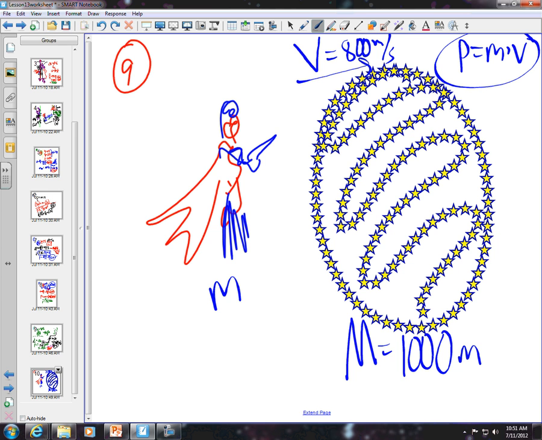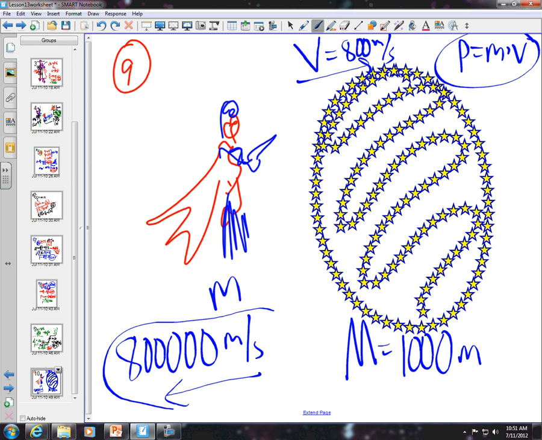Then the momentum has to be balanced in the other direction, because the net momentum, the overall momentum, has to be 0, because total momentum is conserved. Total momentum doesn't change. So if it's 800,000 this way, then it's going to have to be 800,000 that way. So you make up for a mass that's 1,000th of the asteroid's mass by having 1,000 times greater speed. And then conservation of momentum is appeased.